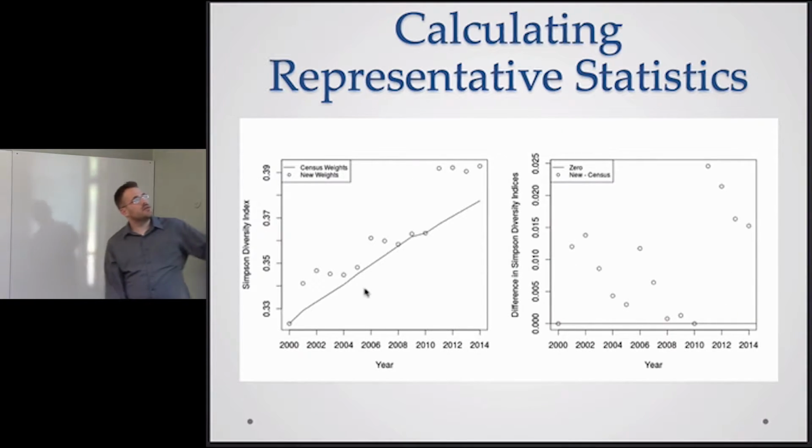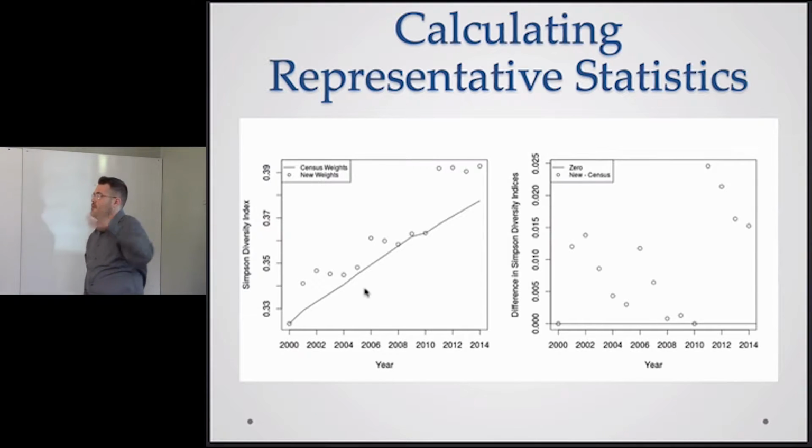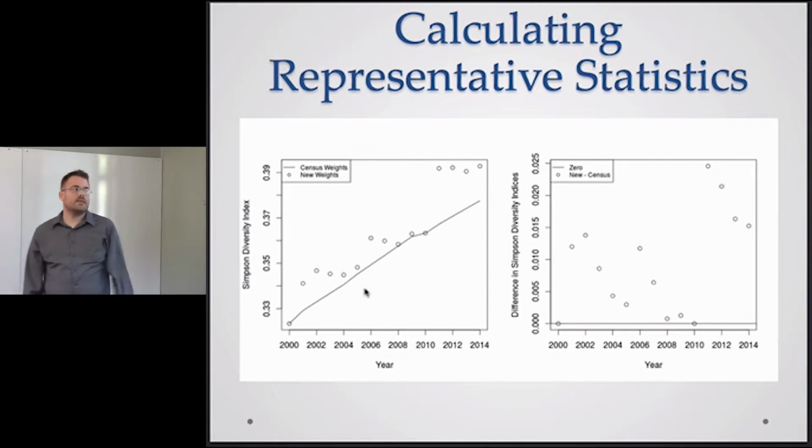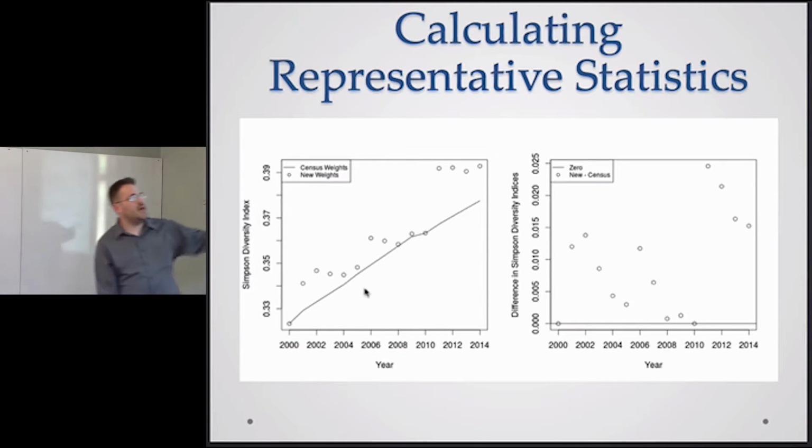But if you look at something like the Simpson Diversity Index, which is a measurement of racial and ethnic composition within a particular geographic area, you can see that the census significantly undercounts how much diversity there might be in the US. Yes, before in the intercensal years and after.